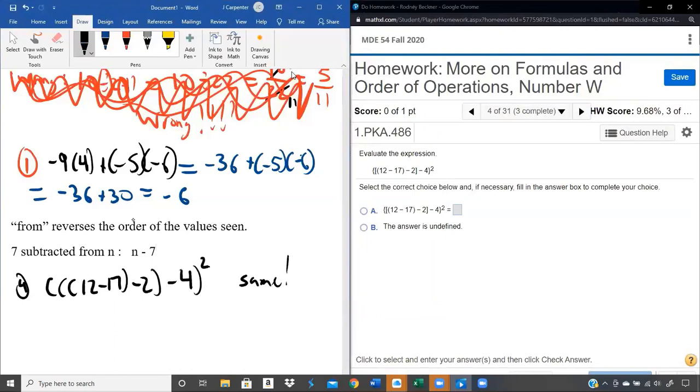That's the same problem as doing curly bracket, bracket, parentheses, 12 minus 17, close the parentheses, minus 2, close the bracket, minus 4, close the curly bracket, and square it. They're the same thing. One of them just stands out a little more visually, at least in my opinion.